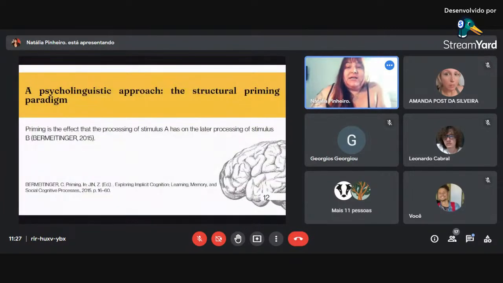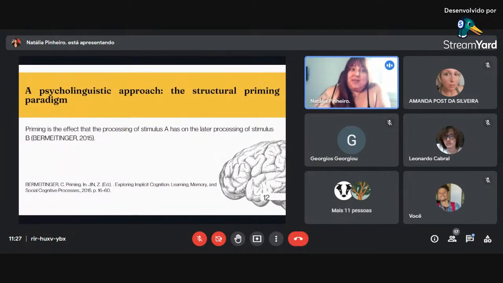Priming is both a phenomenon of human memory and an experimental paradigm that is largely used in psycholinguistics. As you can see here, I brought a definition of priming. Priming is the effect that the processing of a stimulus A has on the later processing of a stimulus B. When we're talking about language, and more specifically about syntactic or structural priming, stimulus A and stimulus B would be syntactic structures within sentences.